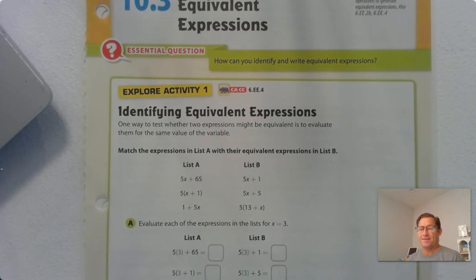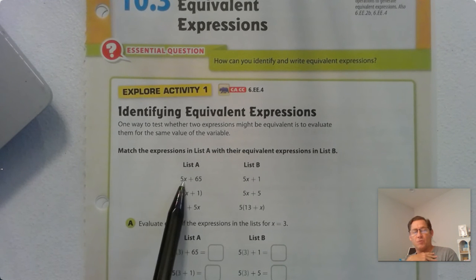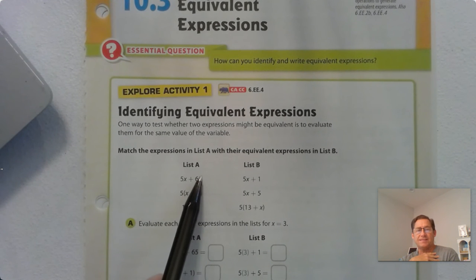So identifying equivalent expressions. One way to test whether two expressions might be equivalent is to evaluate them for the same value of the variable. For instance, if I said x is 1, well, 5 times 1 is 5. 5 plus 65 is 70.